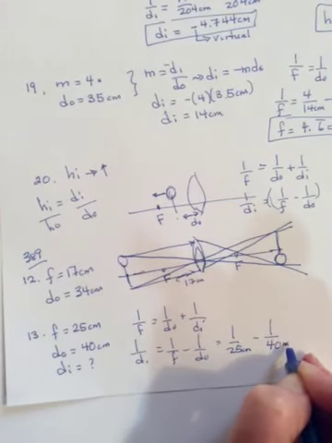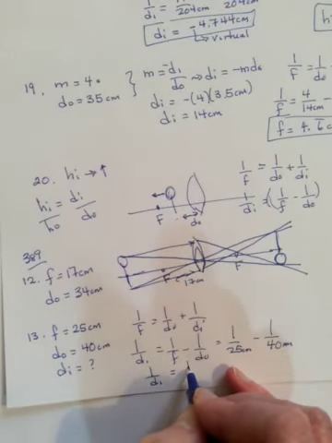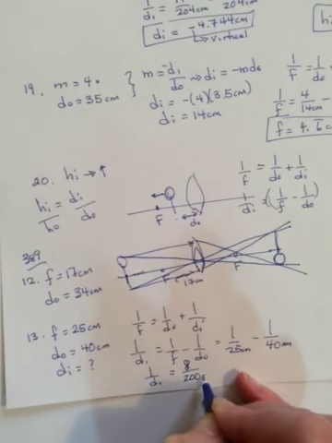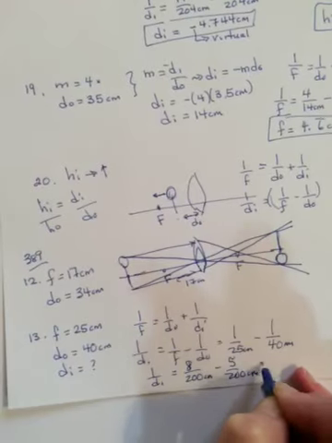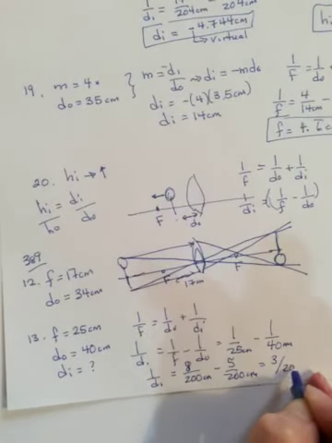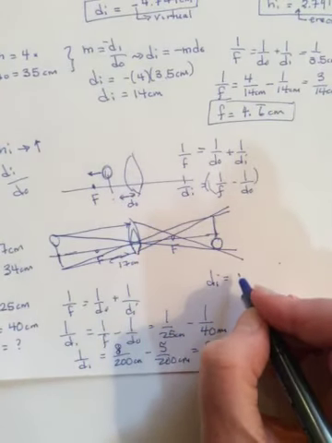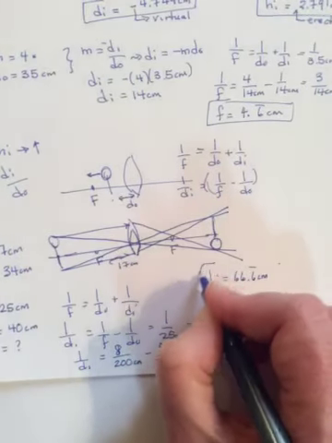Common denominator, 200. So 8 over 200 minus 5 over 200. So 3 over 200. So DI should be equal to 200 over 3, 66.6 repeating is DI.